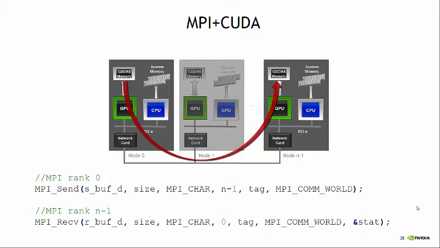Some MPI implementations will support this. They will just allow you to pass a GPU buffer to MPI, and it will be transmitted directly from GPU to GPU without having to go via the system memory. Skipping out this intermediate step means it's quite a bit faster.